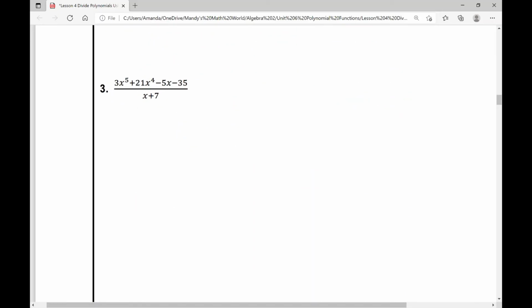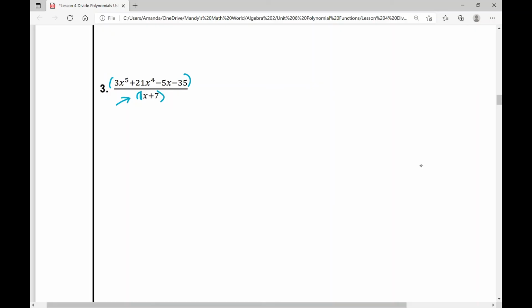This example has it written like this because all this is a division problem, right? It's this polynomial divided by this polynomial. And because this right here is a linear binomial, we can use synthetic division with a leading coefficient of 1, right? So what can I do?